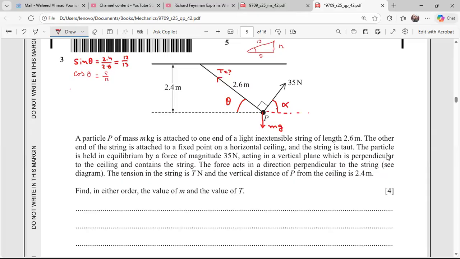Now, you can see that alpha is a complementary angle of theta. This alpha is equal to 180 minus 90 minus theta. Remember, this is 90 degrees. So 180 minus 90 is 90 minus theta.